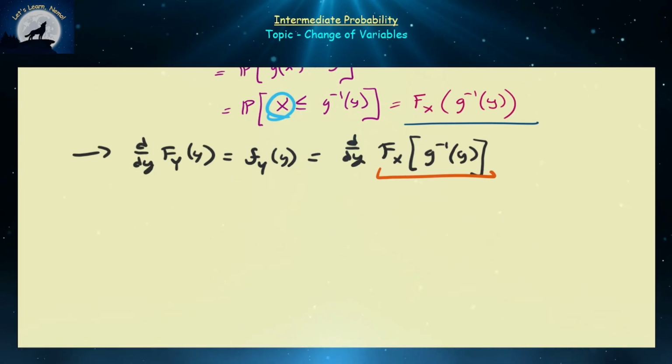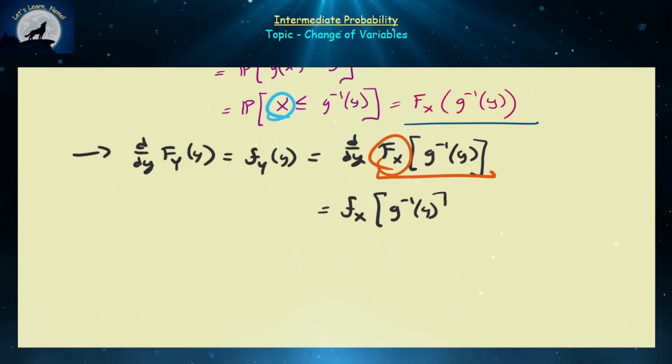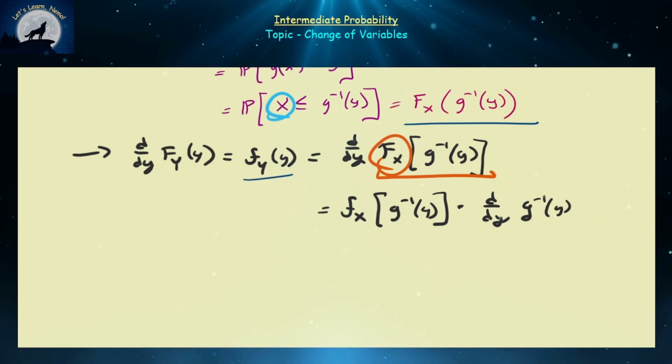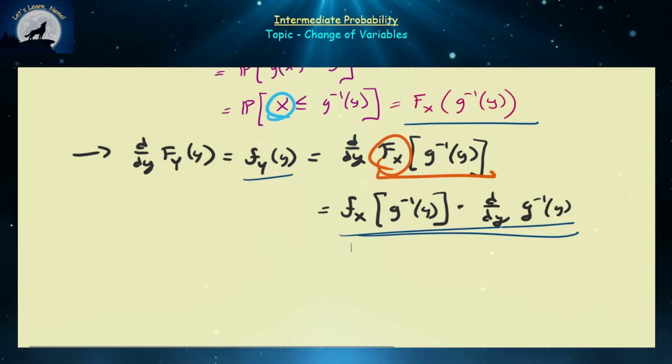So the derivative of the outside is going to be its marginal function, little f of x, which is known, evaluated at the interior. And then we need to multiply by the derivative of the inside, which is a function of y, of course. Right? So we have that f_Y(y), the density of which we want, can be expressed in terms of this expression.